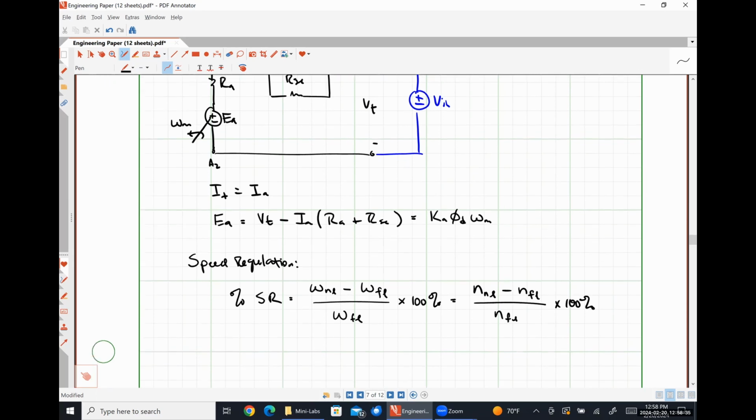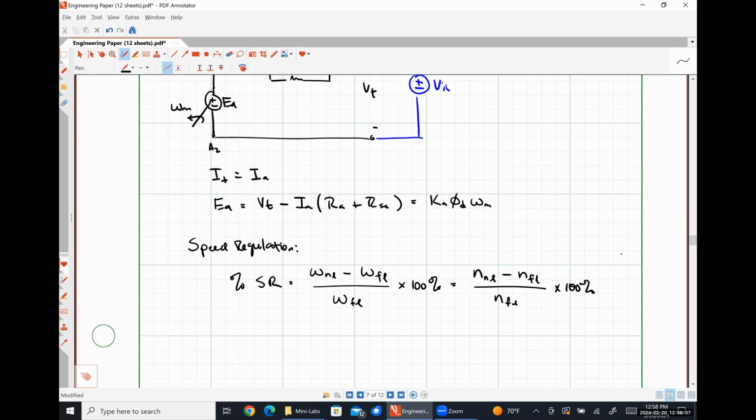And then lastly, we can determine a relationship between speed and current.